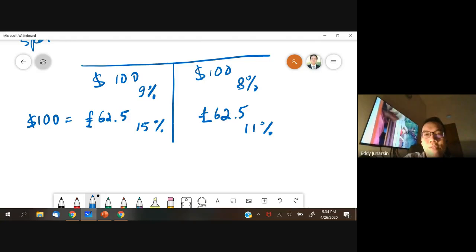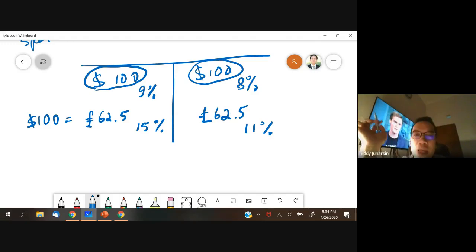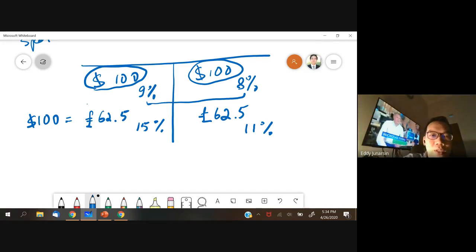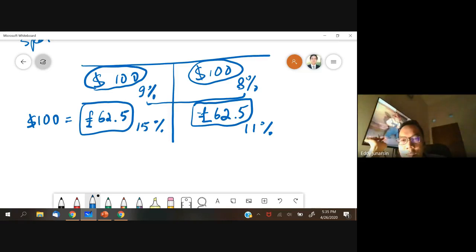So you see, even without calculation, you can see this easily, right? If you could match the 100 million with $100 million liabilities, then you have a spread of 1% here from the US dollar portfolio. However, for this one, you see you have 62.5 million assets, and you have 62.5 million liabilities.